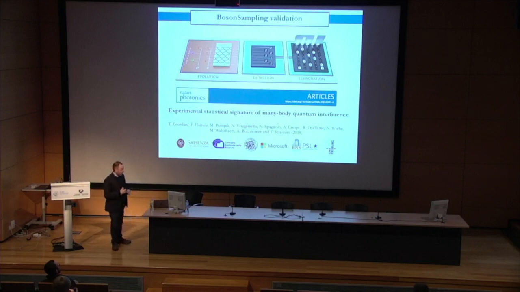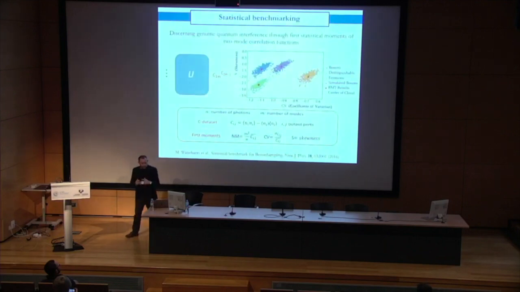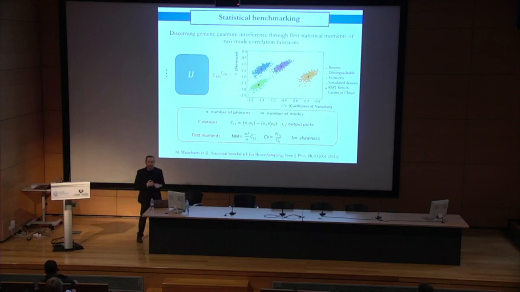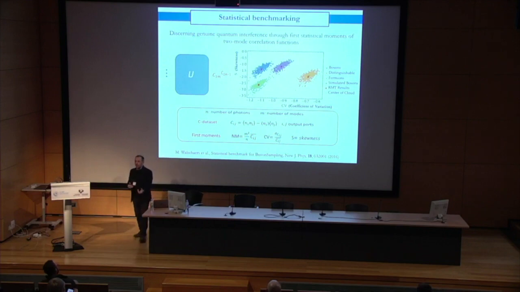And what we have been looking for is to identify some statistical signature of many-body quantum interference. The original idea, the theoretical proposal to be more precise, was published by Andreas Buchleiner from Freiburg and collaborators. Their goal was to try to identify in the output pattern of a Boson sampling some statistical signature which allows you to identify whether you are observing genuine quantum interference independently from your unitary evolution.